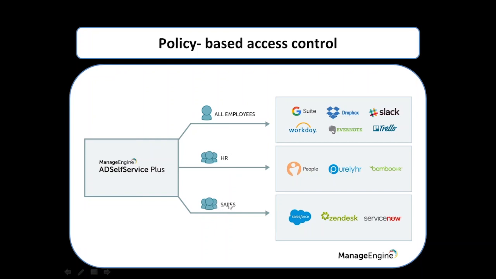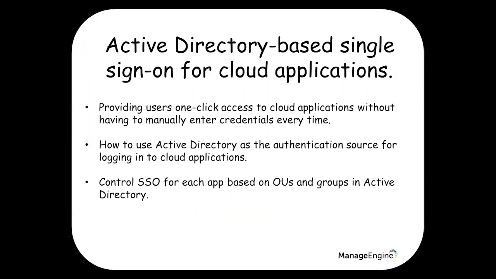In our case, it was finance. So yes, you can control access to applications based on self-service policies that you create in AD Self-Service Plus. So that is another major advantage.